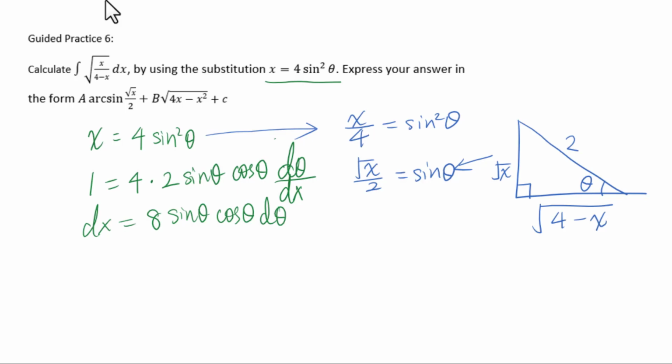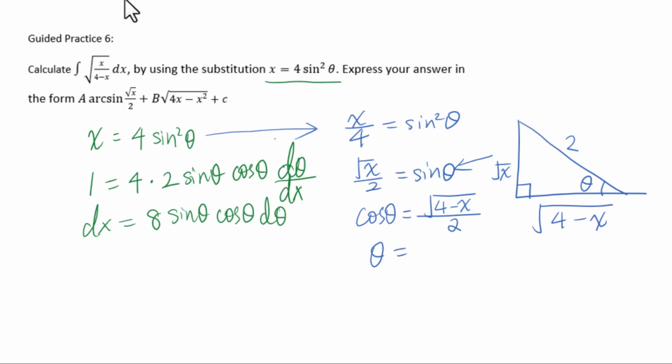From this right triangle, we can figure out cosine theta equals square root of 4 minus x over 2. And for theta, we can get two forms.